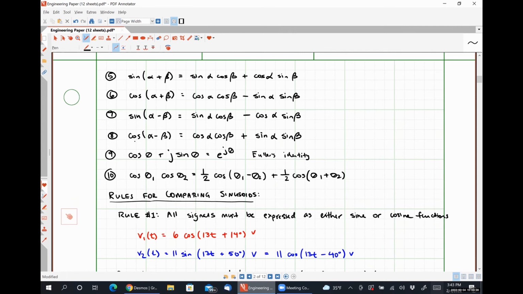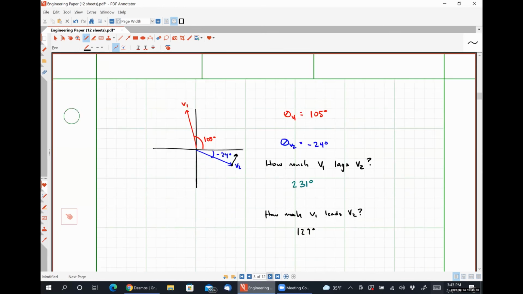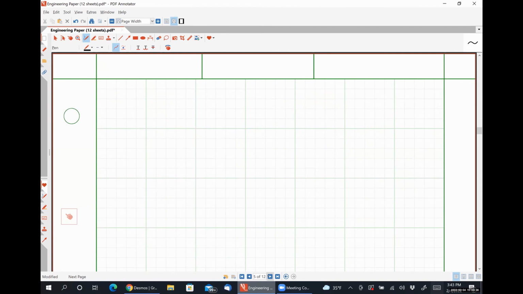And trig identity number 8 is whenever I have alpha minus beta, where beta in this case would be positive 80 degrees. Does that clear that up? Okay. I could have just used trig identity 6 twice with beta being a negative angle, and I'd literally get the same result. So it doesn't particularly matter as long as I'm using the right identities there.